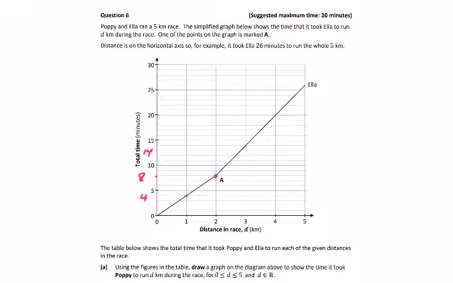So she's gone 6. Between 3 and 4, she's gone from 14 to 20. And then she's gone from 20 to 26 in minutes. We were asked what happened after the second kilometer. Well, has her speed increased? She's gone 4 kilometers in 1 minute, 4 kilometers in 1 minute, and then 6 kilometers. So her speed has definitely increased.